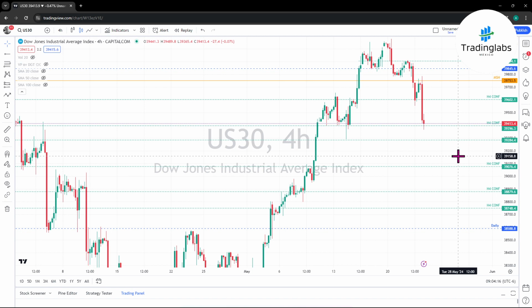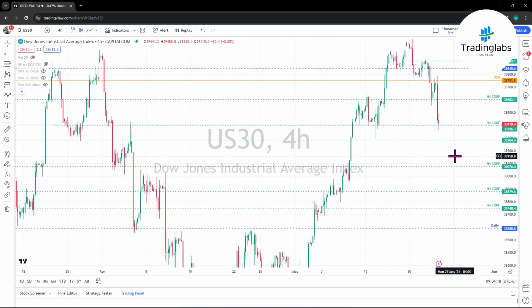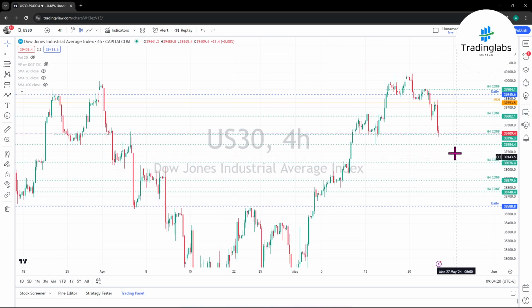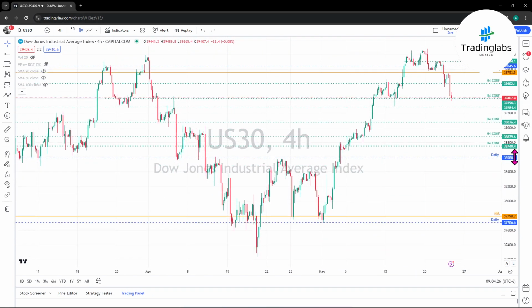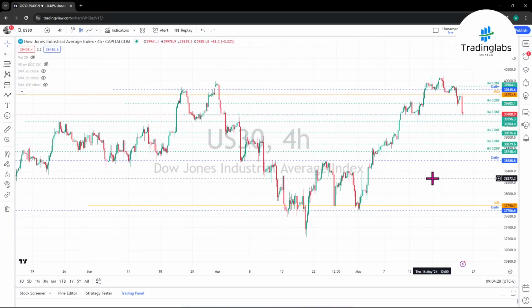That is the key levels. What I'm trying to explain is that the chart itself shows you what the market makers did in the past, so it gives you a clue what the market can potentially do.